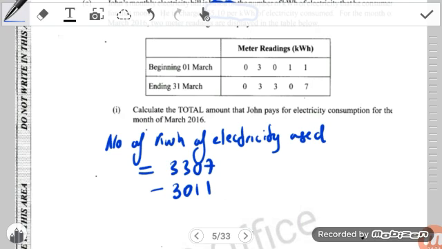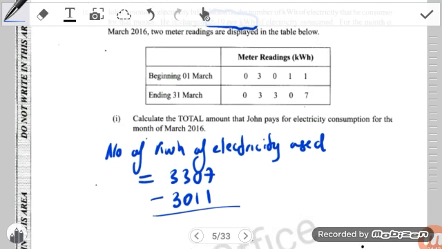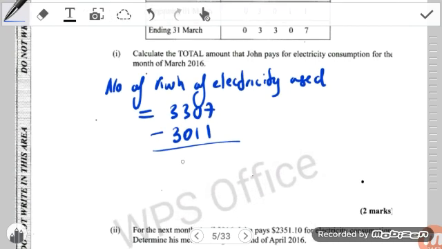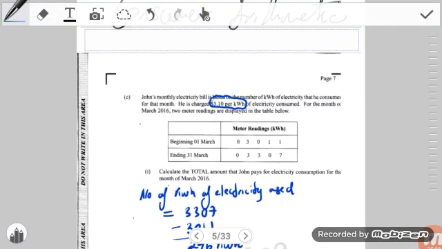All right, so when we subtract those two, we can just go on our calculators and do that, guys. 3307 minus 3011, we don't have to try to work out everything manually, but if you want, you can. 296, so there's a total of 296 kilowatt hour of electricity used. Now remember that it said up here that he's charged $5.10 per kilowatt hour.